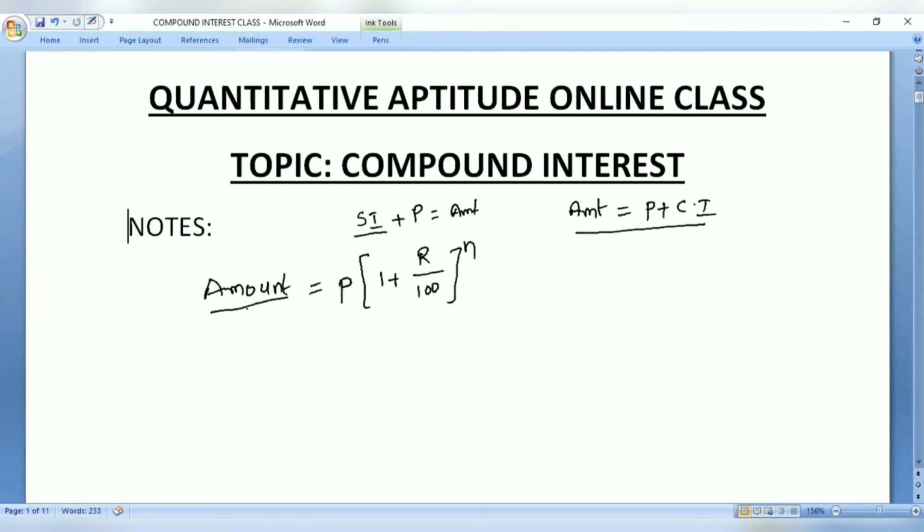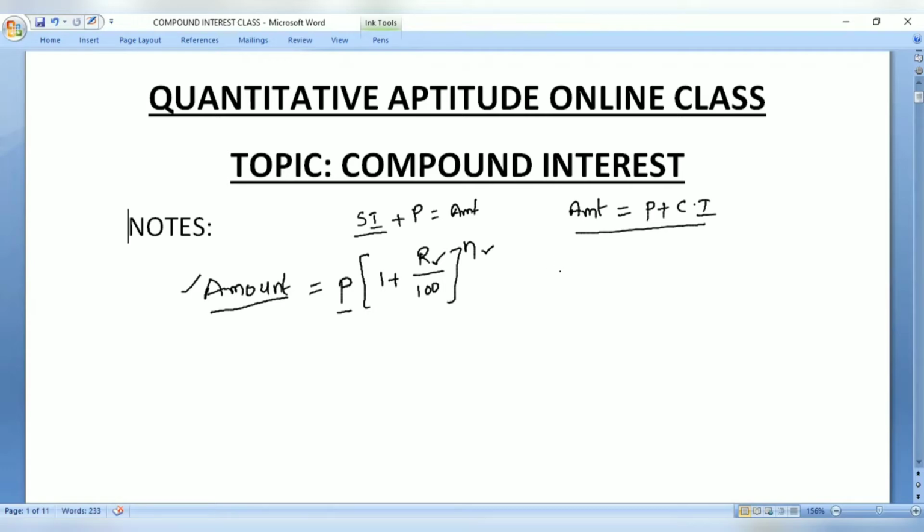Whenever the problem asks only to calculate the amount or compound interest, there are different formulas to use. If you are asked to calculate only the amount, you can directly use P into (1 plus R by 100) whole power n, where P represents the principal, R represents the rate of interest, and n represents the number of years.